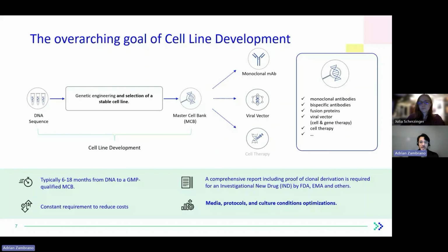There are also very comprehensive and stringent requirements around monoclonality, and you need to create content or reports for documenting your process. Another big part that we haven't talked about too much is media, protocol optimization, and culture conditions, and that's what we are going to try to focus on today.